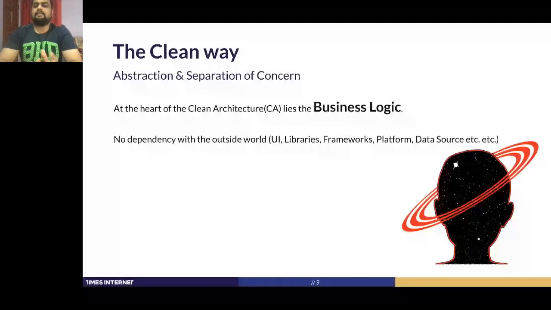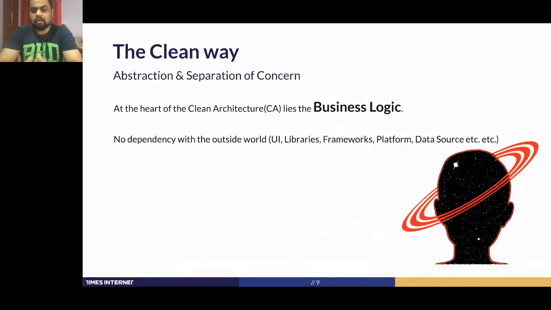Clean architecture is something to the rescue. It's not very new. It's very popular. It has been here for a very long time. But often what happens is we end up using clean architecture in a different way, and we end up in a monolith eventually.